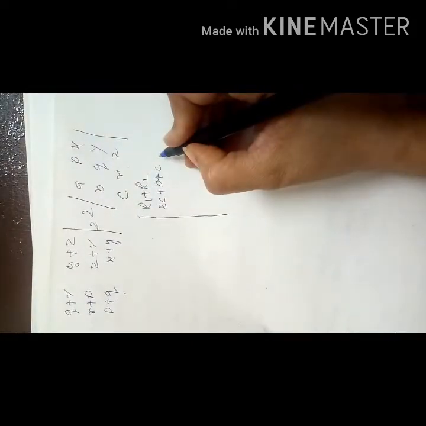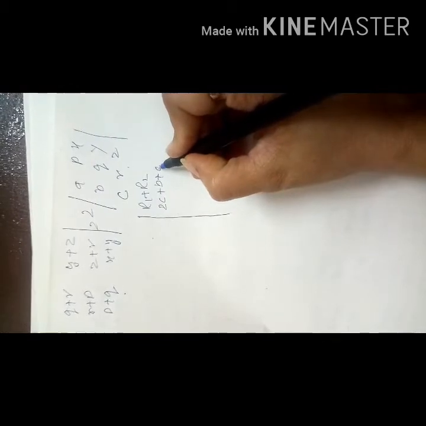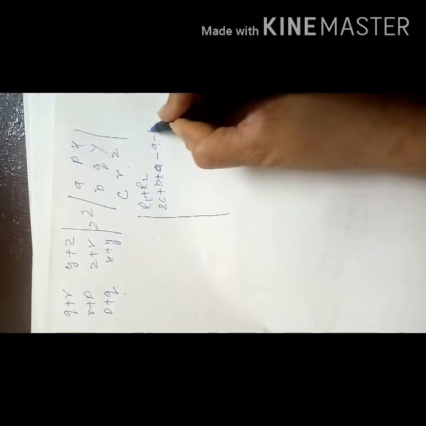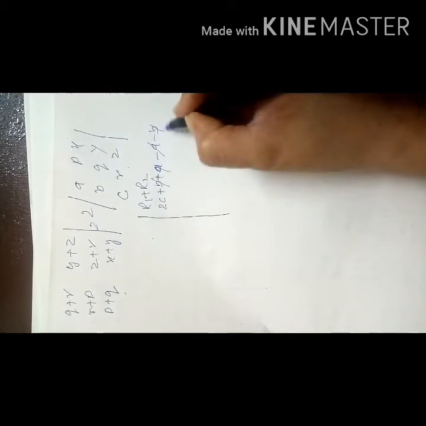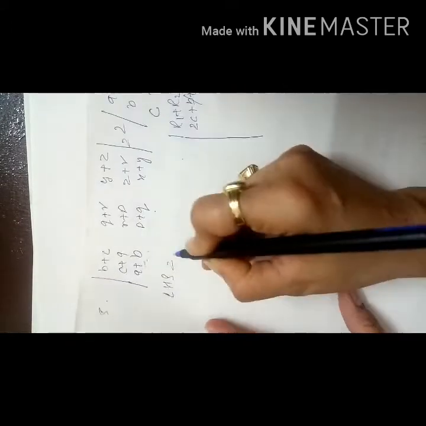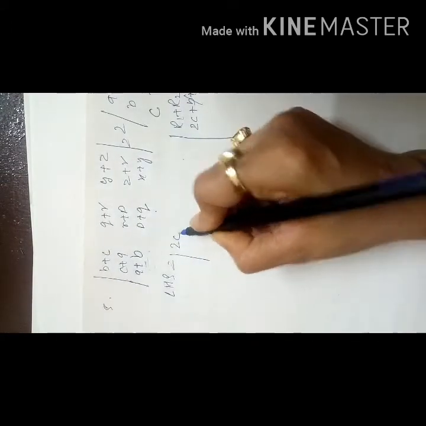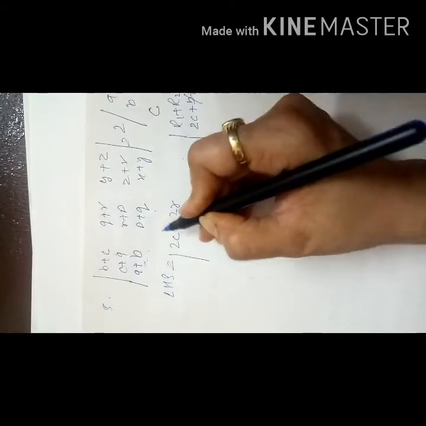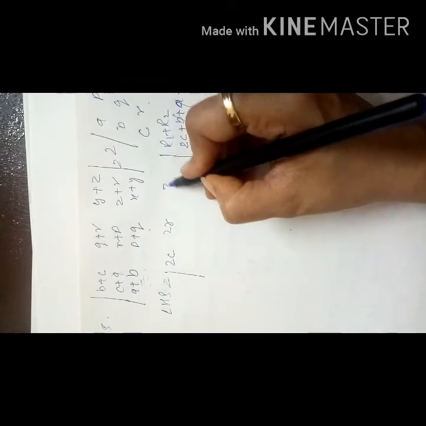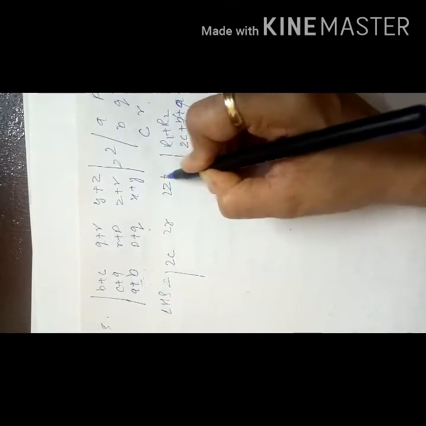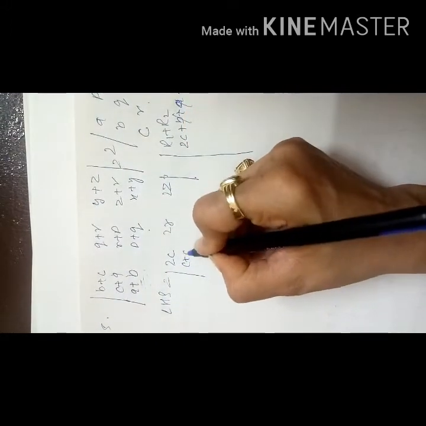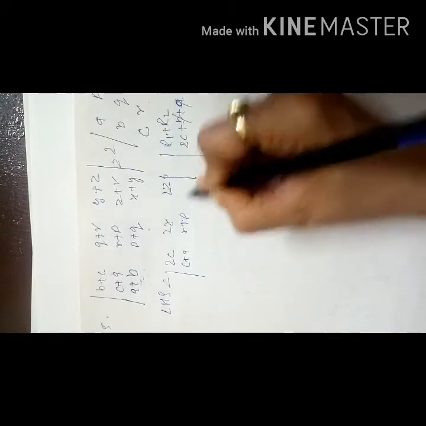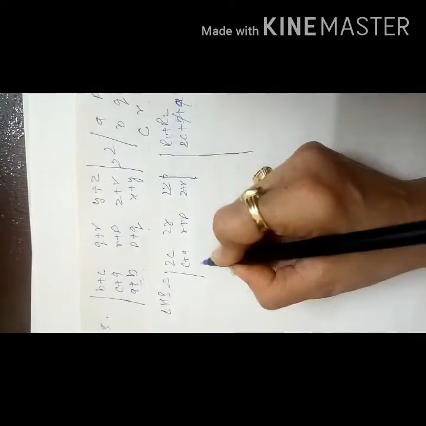A plus B. So what is left? 2C. So here it will be 2C, then similarly 2R, then 2Z, then C plus A, R plus P, Z plus R.